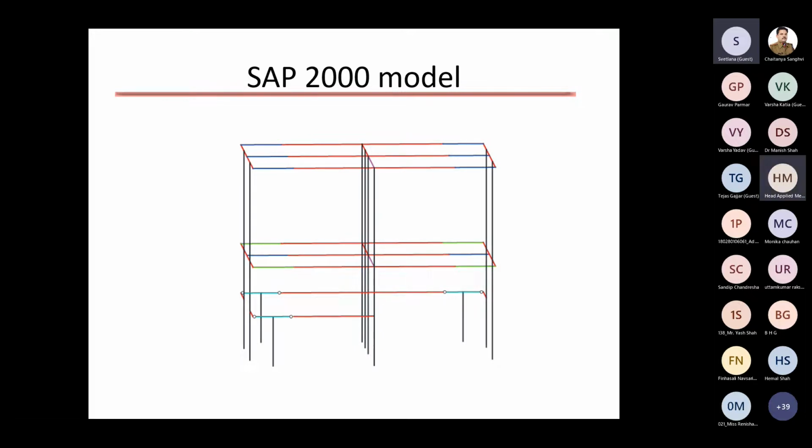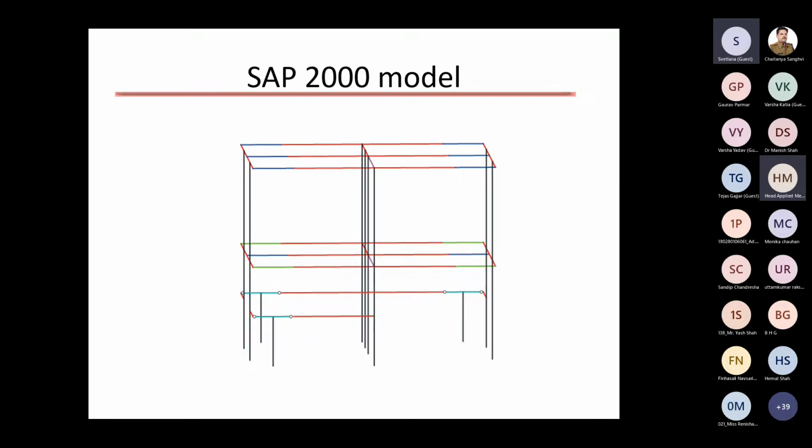So one wall is a single wall, always a single element, in this case modeled as a column, and that simulates the composite action of masonry and concrete. So there is no separation between masonry and concrete in this model.